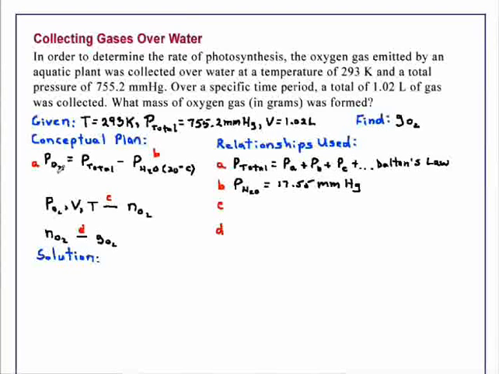Once we have the partial pressure of the oxygen, we will then plug into the ideal gas law to determine the number of moles of oxygen.